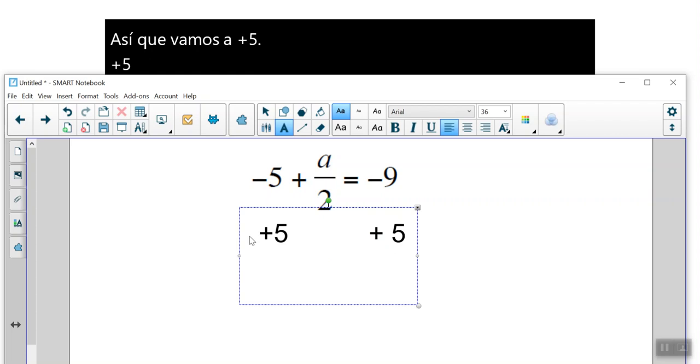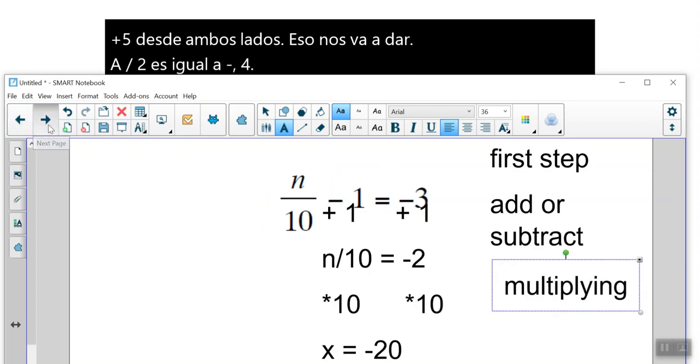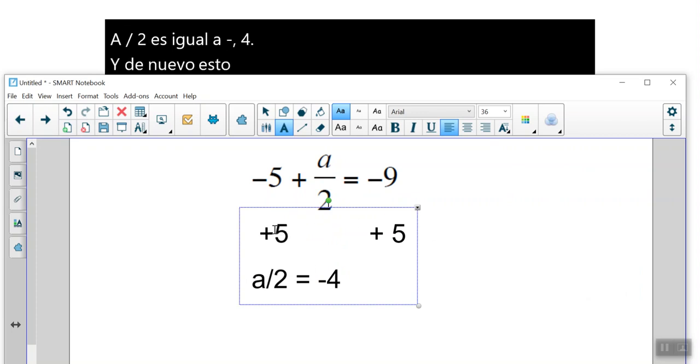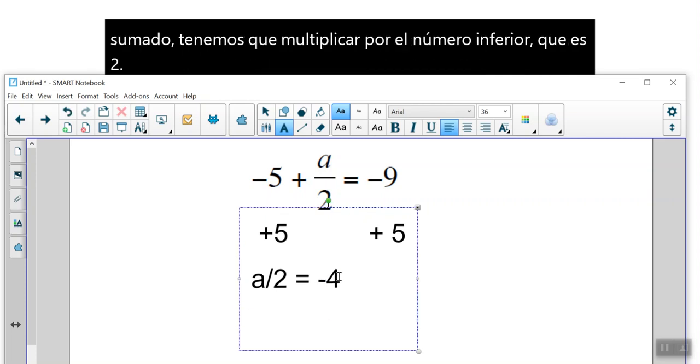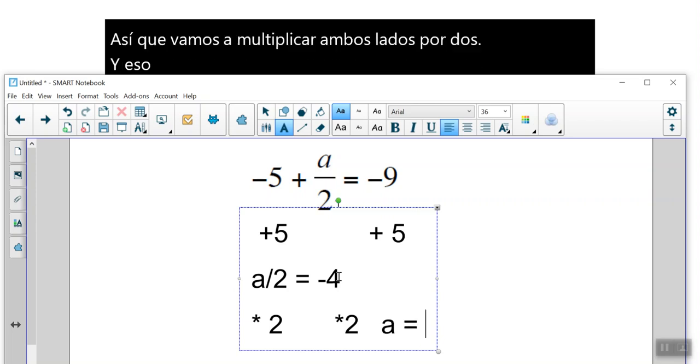That's going to give us a over 2 equals negative 4. And again, this is a fraction, so now that we've added, we know we have to multiply by the bottom number, which is 2. So we're going to multiply both sides by 2. And that's going to give us a equals negative 8. Negative times positive is negative.